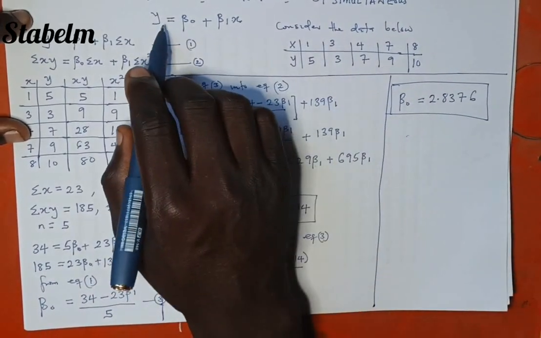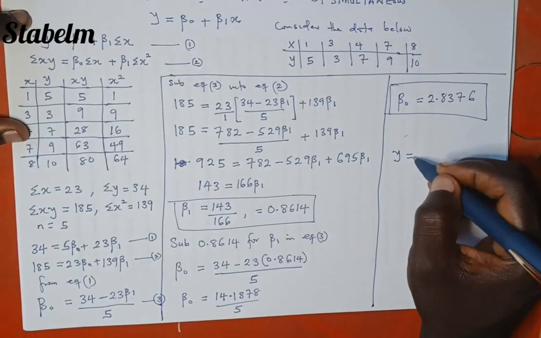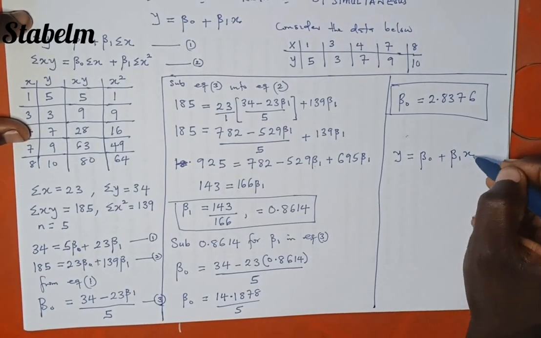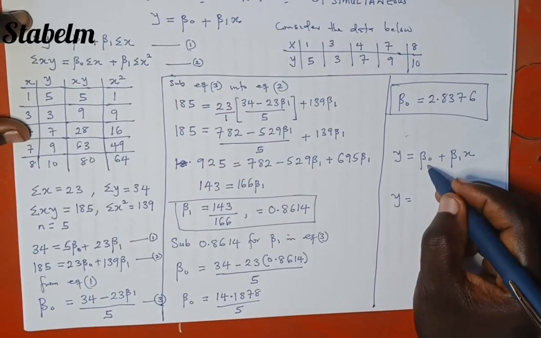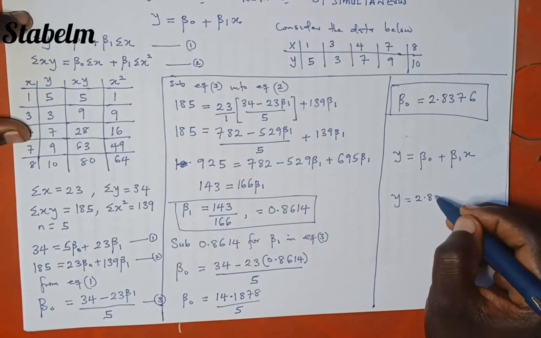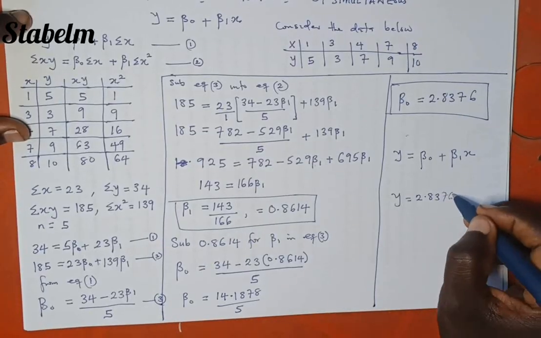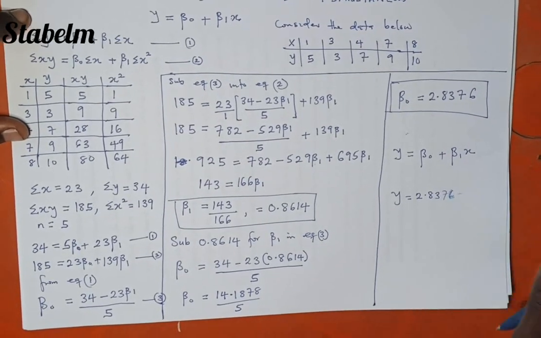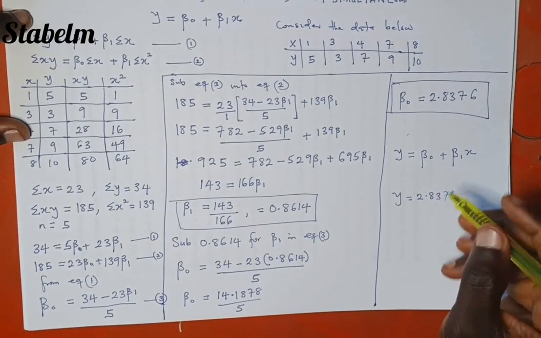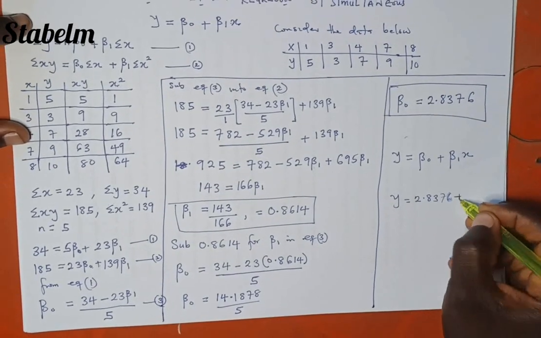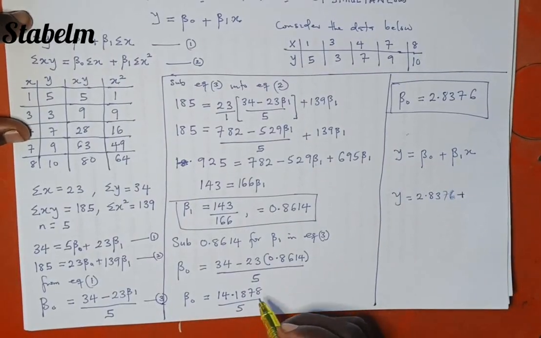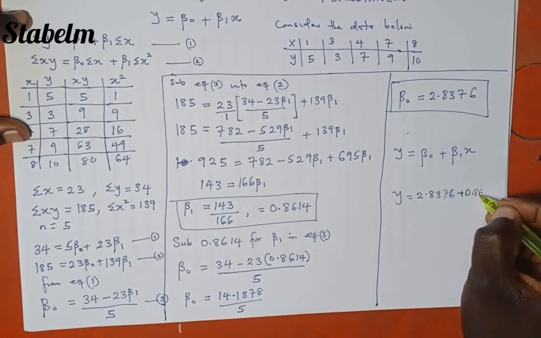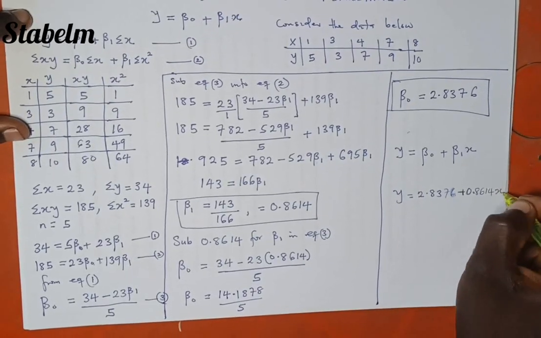Coming back to the model y equals beta naught plus beta 1 x, we have y equals 2.8376 plus 0.8614x.